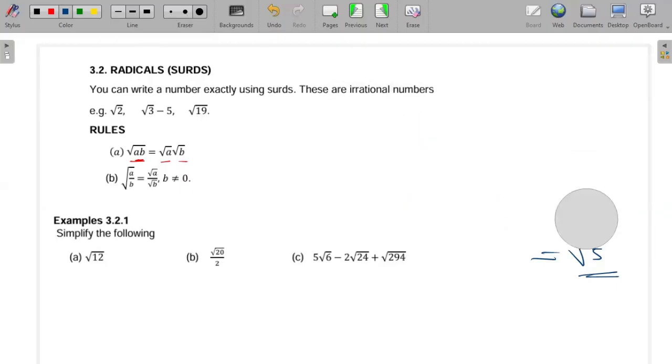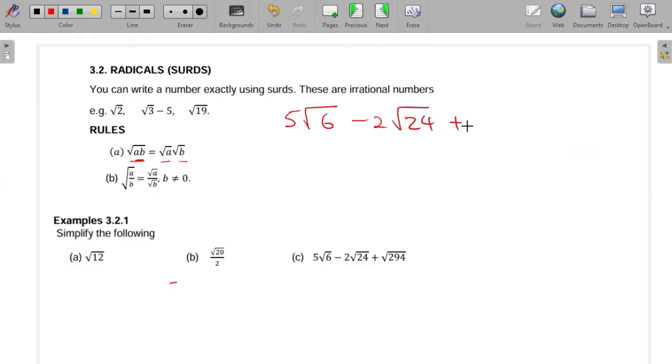We do the last one for our example. The last one is 5 square root of 6 minus 2 square root of 24 plus the square root of 294. What you always want to do first is look at these numbers.